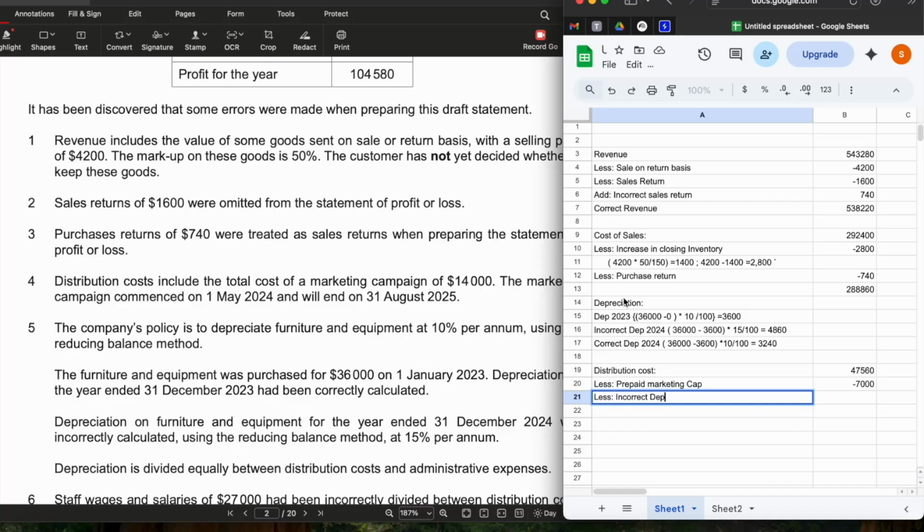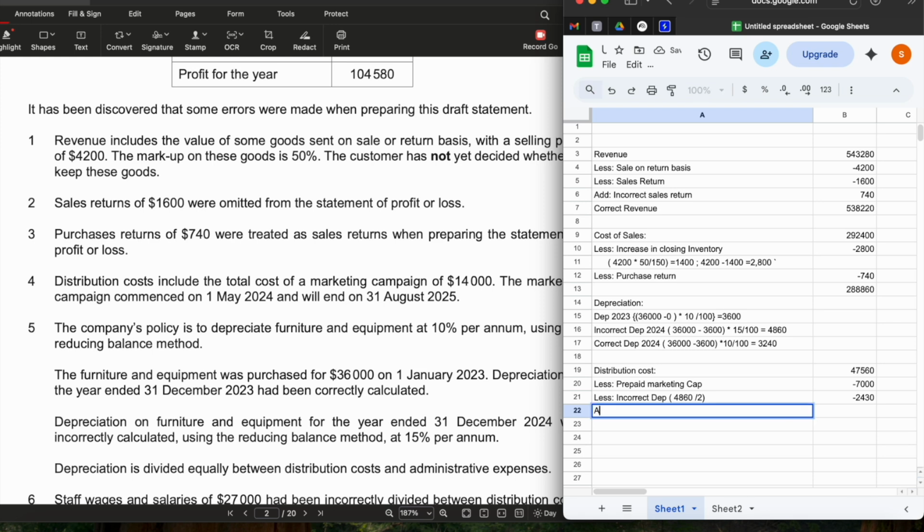So incorrect depreciation was 4,860, and the question said that we'll divide depreciation equally between distribution and administrative expenses. So 4,860 was divided equally, and when I divide that, I'll get 2,430 here, and this is the incorrect amount which I included in distribution cost, so I'm subtracting that.